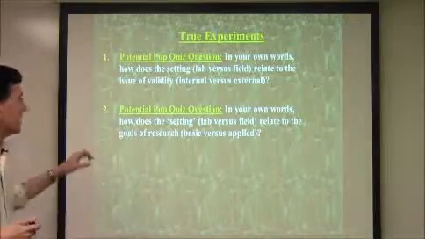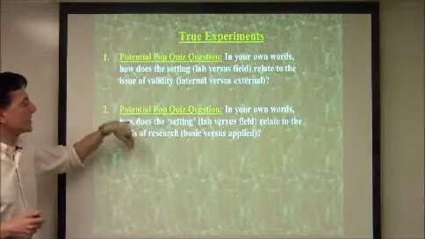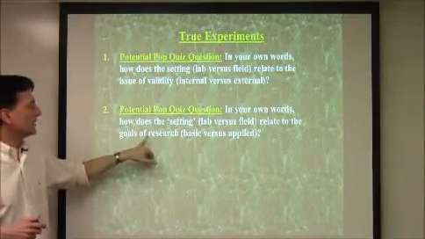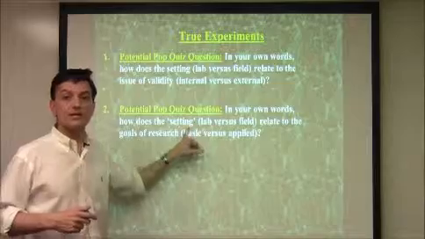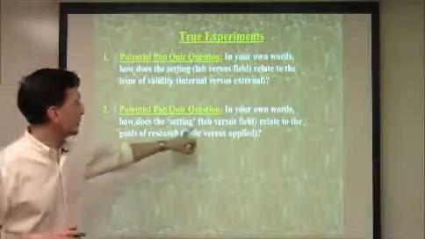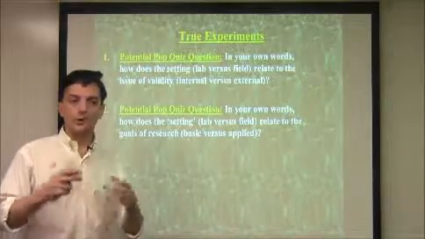Let's go to pop quiz question number 2, which was, in your own words, how does a setting, lab versus field, relate to the goals of research, defined here as basic research versus applied research. In basic research, we're conducting research for knowledge's sake.